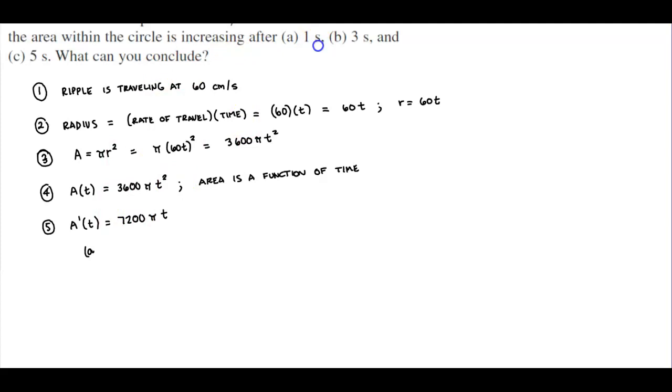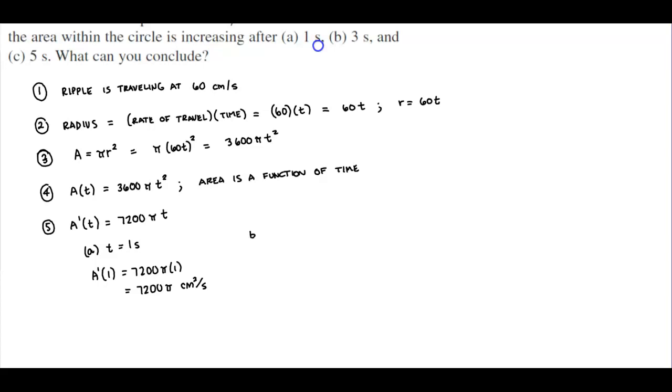For A, we want t equal to 1 second. So we want A prime of 1, which is equal to 7200 pi times 1. So that's going to equal 7200 pi centimeters squared per second.